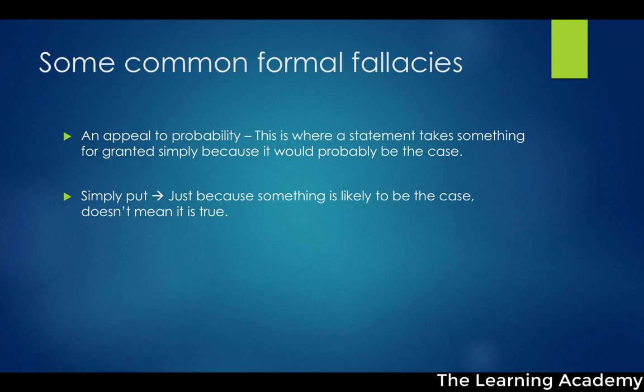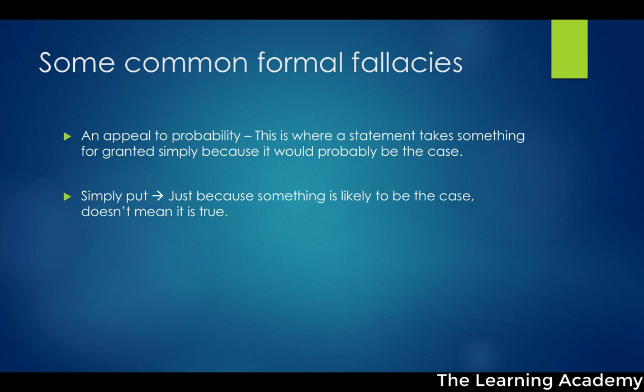If you were to have an argument where you have a premise, and this premise is central to the argument, and it assumes the premise is true, then this could be seen as committing an appeal to probability.